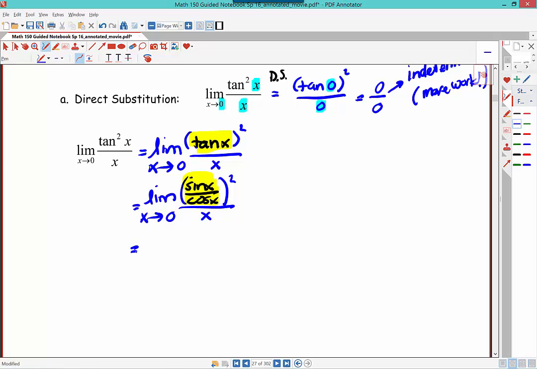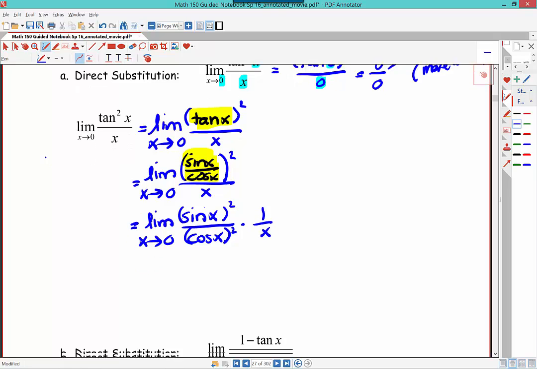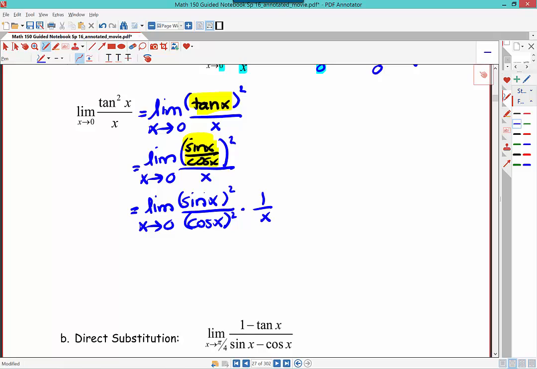So this guy will be the limit as x approaches 0 of sine at x squared over cosine at x squared. And I'm going to just write that times 1 over x. I'm multiplying by the reciprocal, right? Now, do you remember that we've got that special trig limit that we just learned that involved the sine at x?